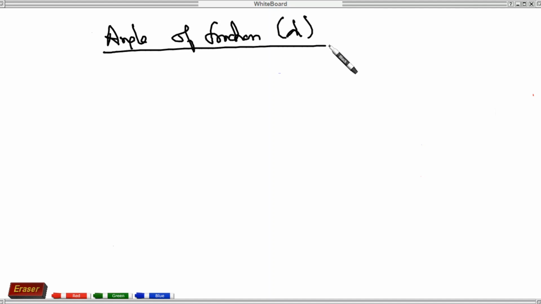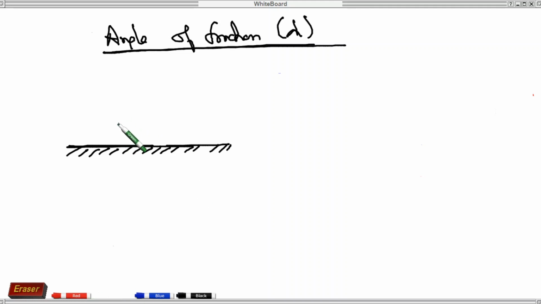Now let's see, there is one thing called angle of friction, denoted by lambda. So suppose this is your earth, and this is some block.